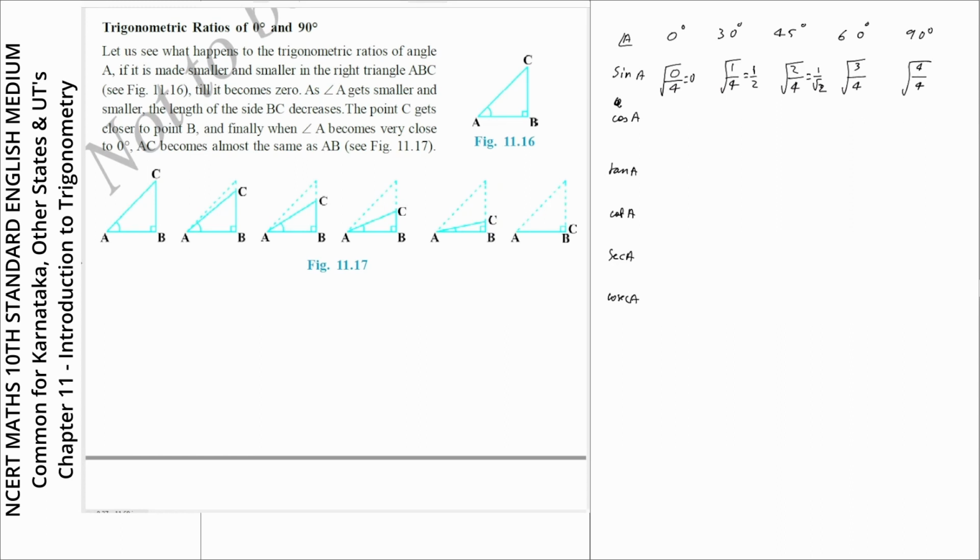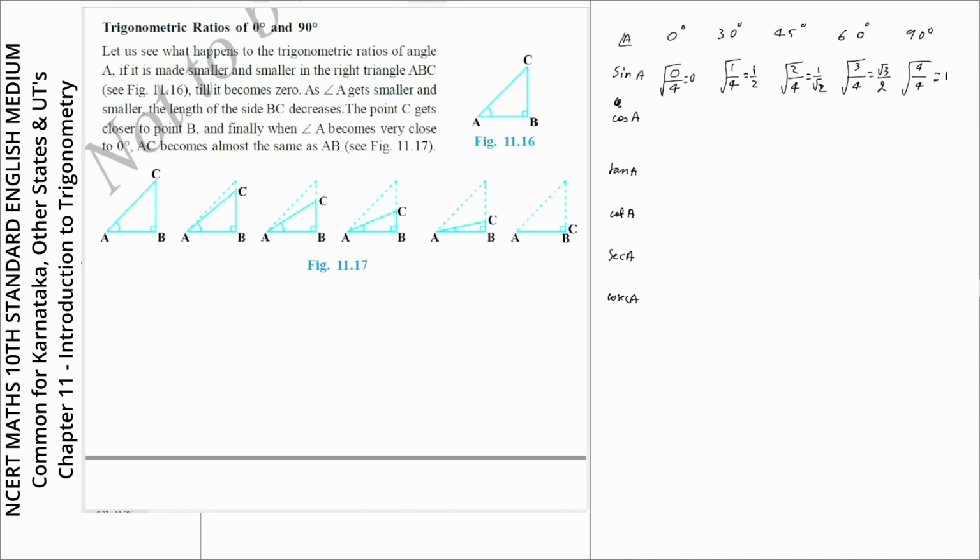So sine of 45 is 1 by root 2. Now sine of 60 degree is nothing but root 3. Square root of 4 is 2. Root 3 by 2 is the value of sine 60 degree. And 4 by 4 is 1 by 1. That is 1. Square root of 1 is 1 only. So that means sine of 90 degree is 1.